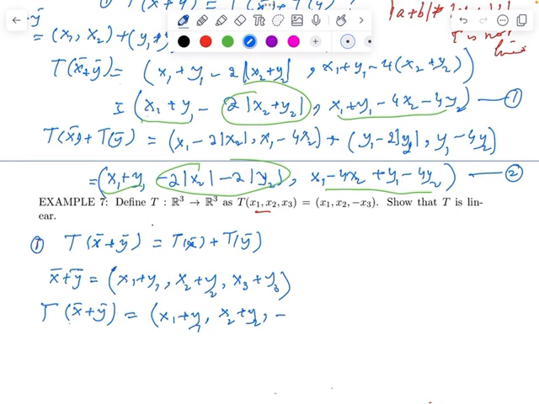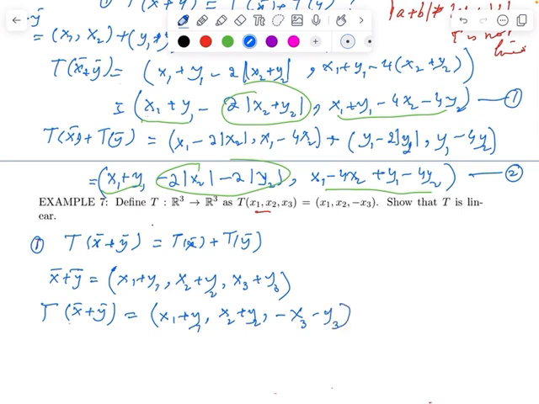So we have negative of x3 plus y3. We can just distribute the negative signs. We get negative x3, negative y3. So negative x3 minus y3.